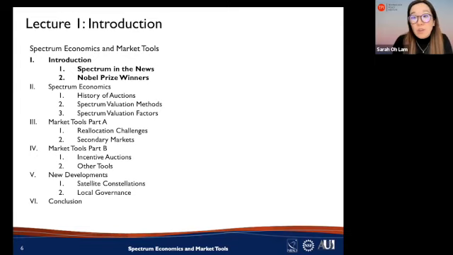So these NGSO, or LEO, constellations require some decisions by the FCC, the International Telecommunication Union, and international standards bodies to figure out what the burdens are on these satellites to not interfere with each other, with geosynchronous satellites, and with terrestrial wireless users. So we'll talk about that.